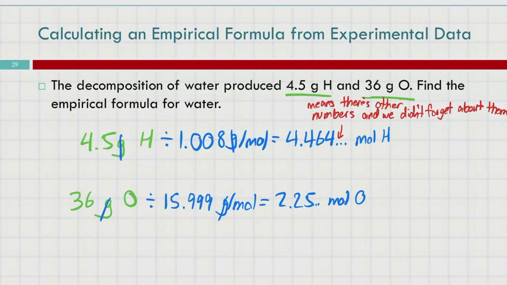We divide all of them by the smallest one. For things where it's just two things, that's nice and easy. So this 2.25, that's our smallest number. So we're going to divide both of these by our smallest number.